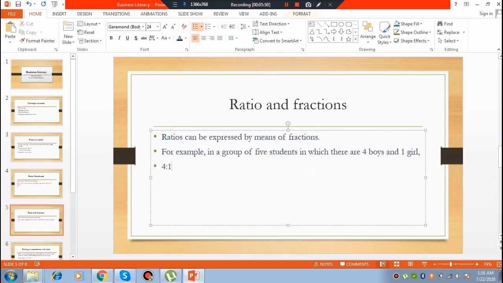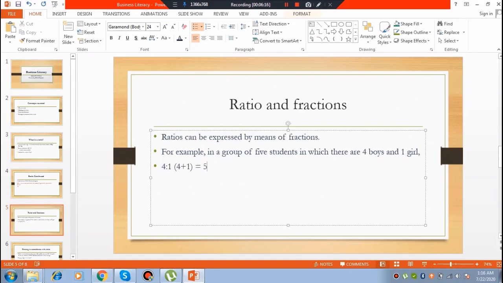4:1. Remember, if you want to convert a ratio to a fraction, your denominator is equal to the total number of the group. In this case, the total group will be 4 plus 1, which is equal to 5.